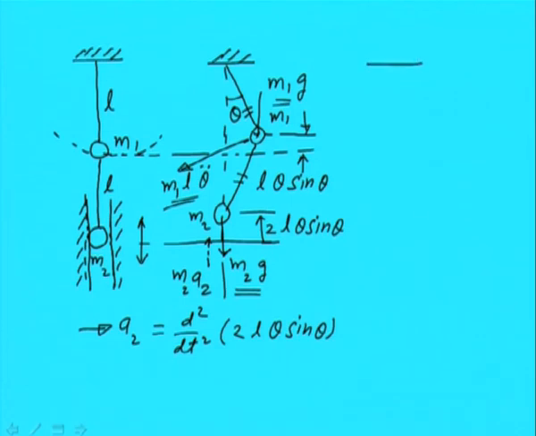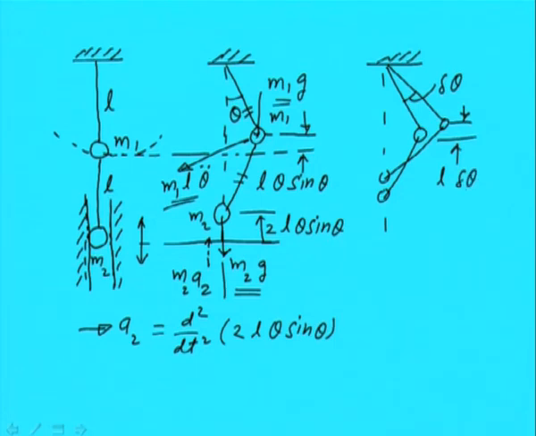So if we give virtual displacement to these masses, these are the virtual displacements. You can see that this particular mass is getting lifted by L delta theta sin theta, as we did earlier, and this will be twice of L delta theta sin theta.